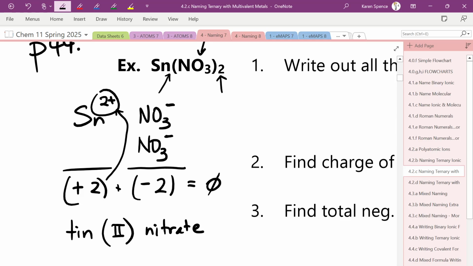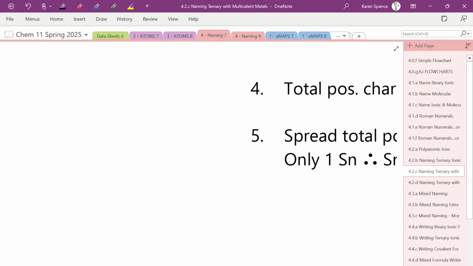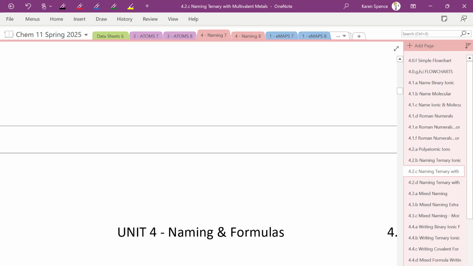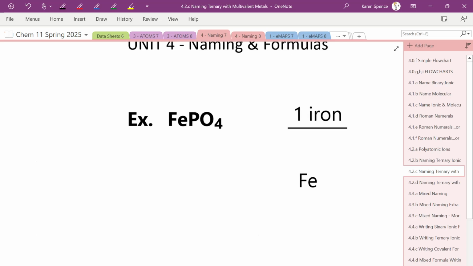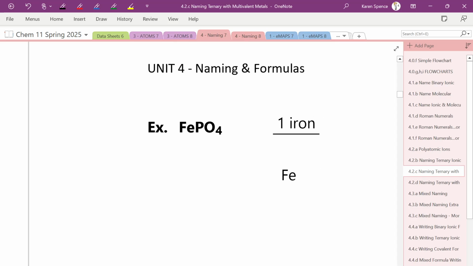Is that good? Okay. Let's do one that's going to mess you around maybe a little bit. Let's see if I gave you another example in the next one. Aha, yes. I like this one. This is on page 45. How many iron? 1 Fe.